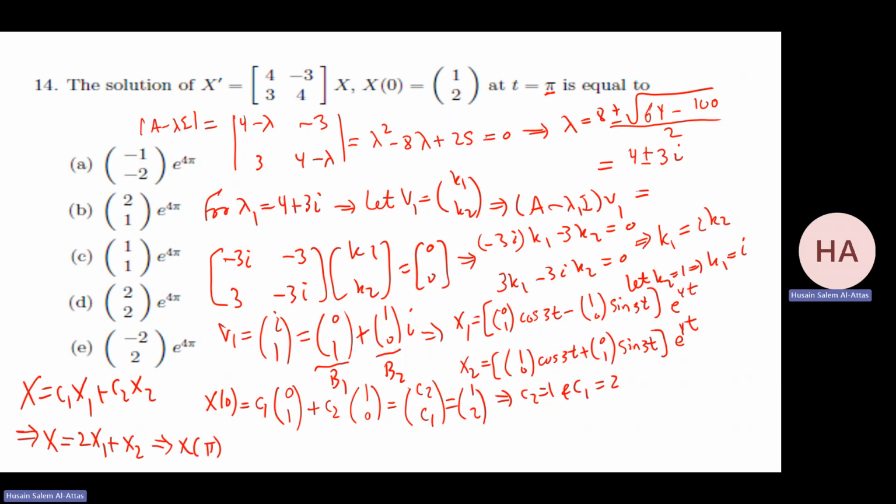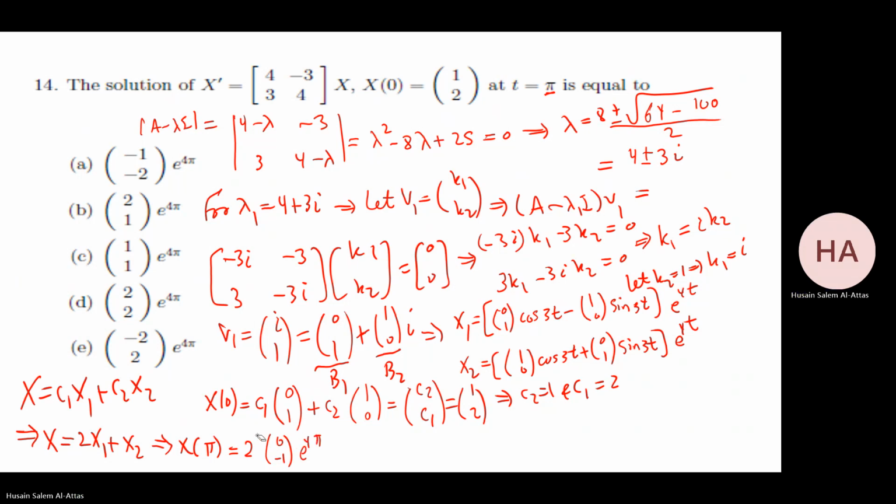Now I want X at pi. Be careful now with the calculation. I have 2 times x1 at pi. X1 at pi, I have cosine 3 pi, which is minus 1. So that will be 0 and minus 1. Sine 3 pi is 0, e to the power 4 pi.